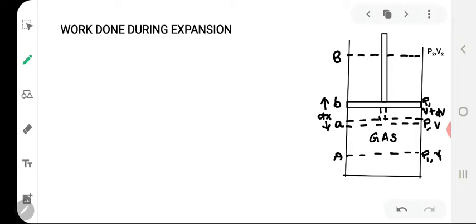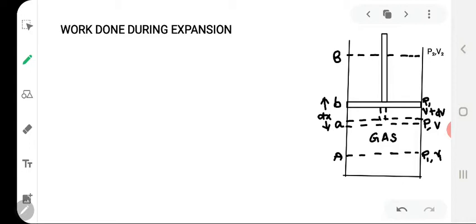Suppose that the gas undergoes expansion from the initial state A corresponding to pressure P1 and volume V1 to the final state B when the pressure and volume become P2 and V2 respectively. Now let us calculate the work done by the gas.